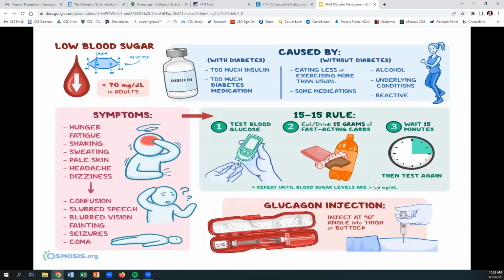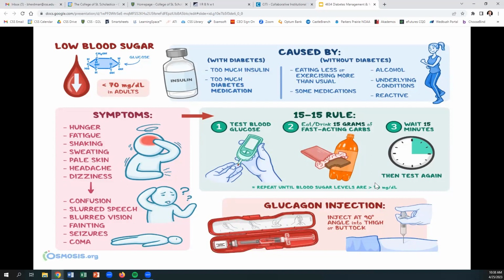Okay. If somebody doesn't have diabetes, low blood sugar can be caused by not eating enough, or demanding more out of their body without refueling their body. There are certain medications that can cause the loss of blood sugar.